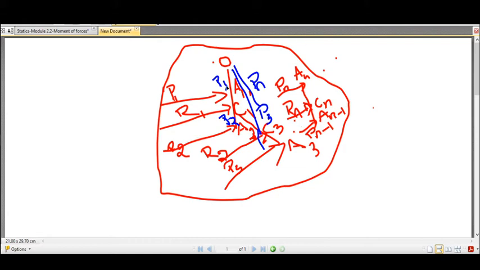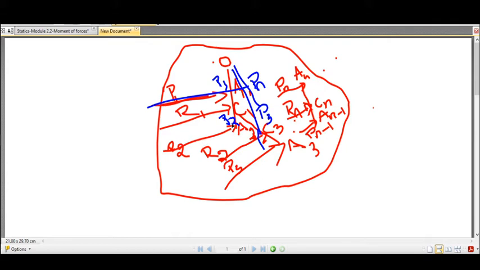And we take small b1 to be the perpendicular distance from the fixed point O to the first force B1.